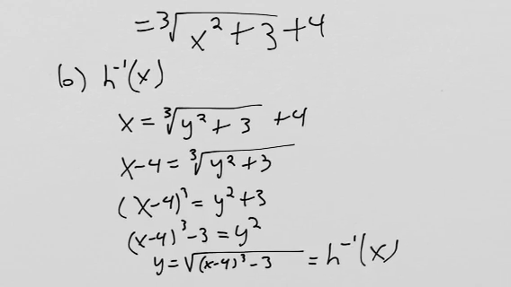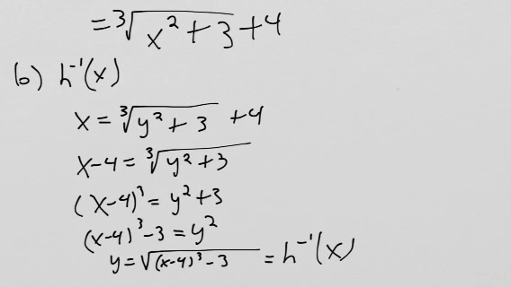Great. And then part C asks us for what x value is h of x equal to h inverse of x. We're saying, for what input x will we get the same output for both our inverse and our original function. We're setting them equal to each other, and we could try to solve it algebraically, but it's not going to end up being a whole number and not being so nice.